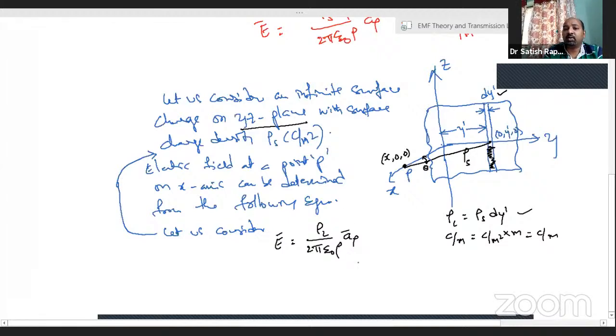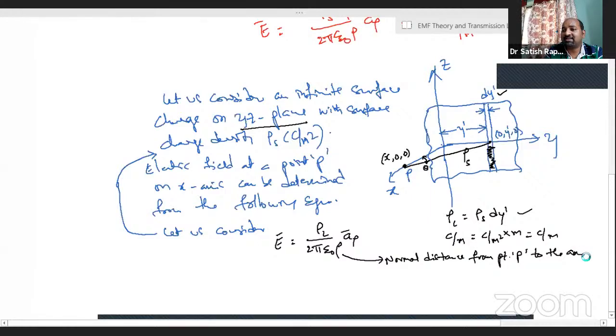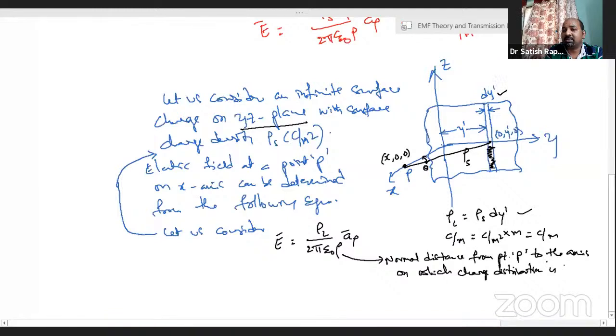Here we have rho. So what is rho? It is the normal distance from point P to the axis on which the charge distribution is considered.